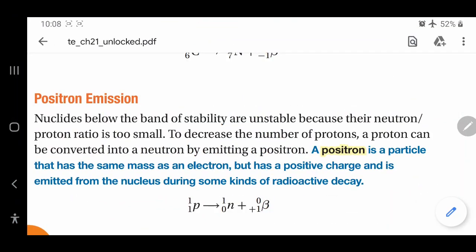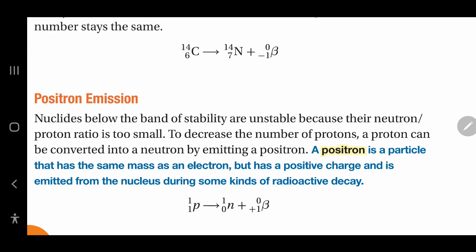So in this case, when a positron is emitted, the atomic number of the atom will decrease, and the element will be converted to another element with a lower atomic number, while the mass will be the same. And remember here that when we talk about the mass, we are talking about isotopes.